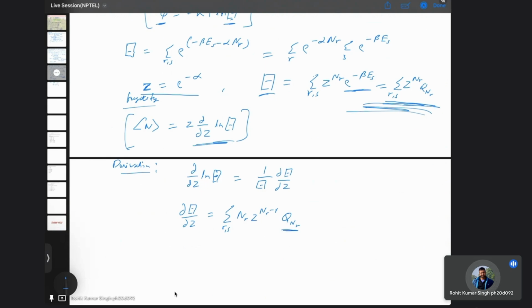Now if you multiply on both sides by fugacity, multiplying by z on both sides, this will become this, right?